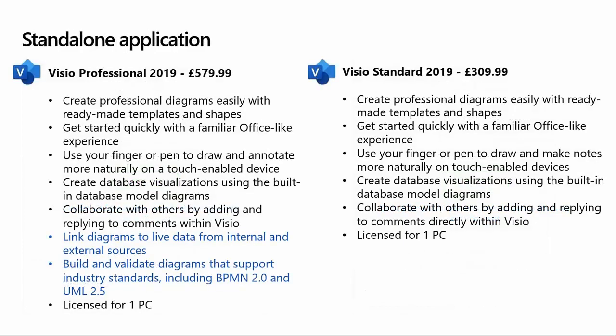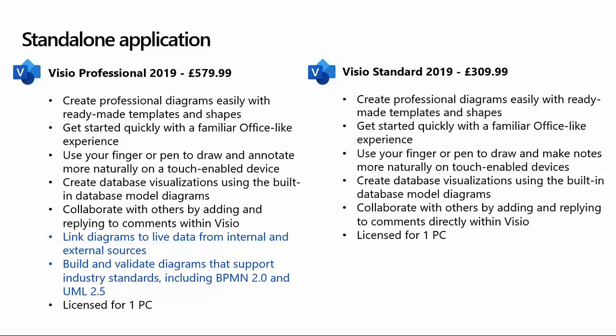If you aren't using Office 365, there's the scenario where you might want to use the standalone applications. From a very traditional standpoint, back in the day, if we wanted a piece of software, we'd install it on our computer. That's the origin of Visio, and there are two variations of the product: Visio Professional and Visio Standard. Visio Professional has everything that Standard has, but it also allows data diagrams to link to live data.